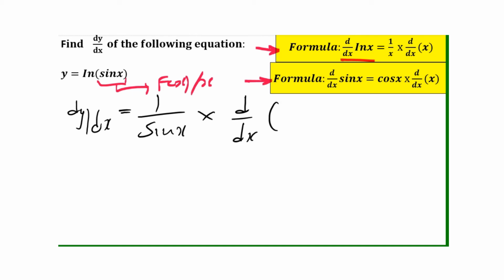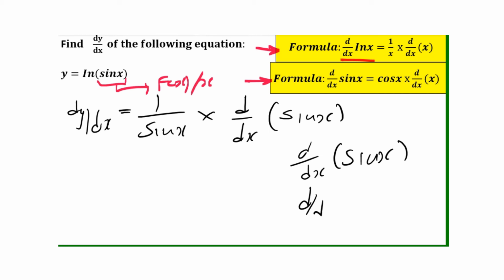Then d over dx of what? Of sine x. Okay, so this d over dx of sine x, when you check in your formula sheet for derivatives, you're gonna find that when you differentiate sine, you're gonna get cos x, a positive cos x.